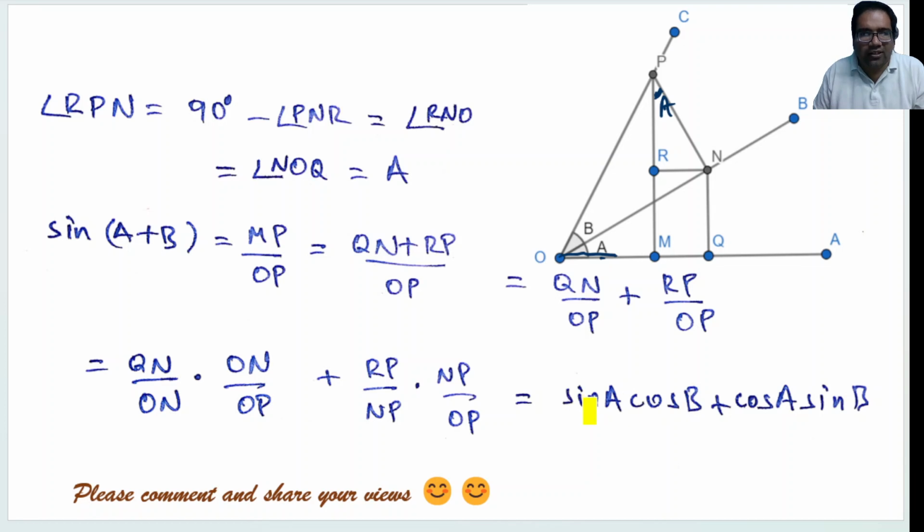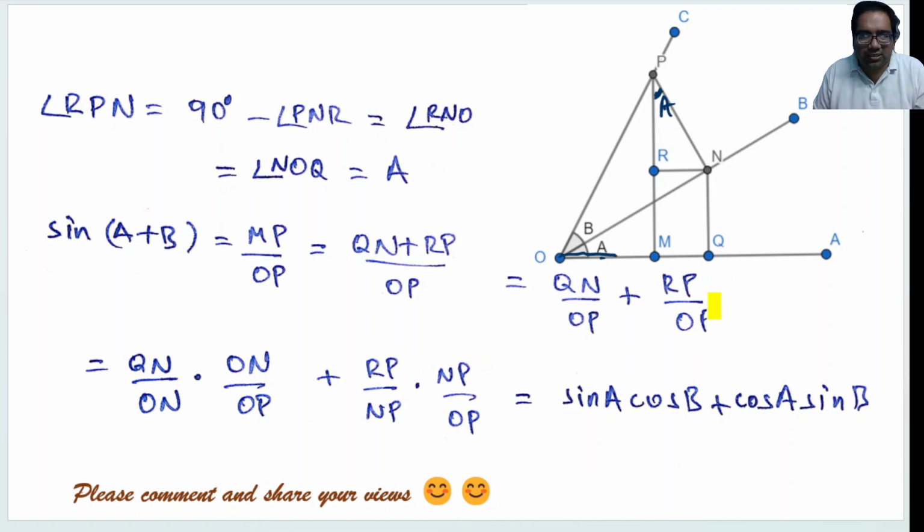First part is sorted. Second part, RP by OP. RP is also part of one right angle triangle, and again we want cos A and sin B. For cos A, this is the hypotenuse. That's why we multiply and divide both numerator and denominator with NP.